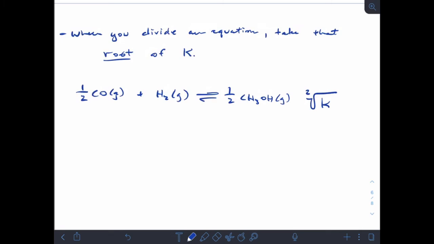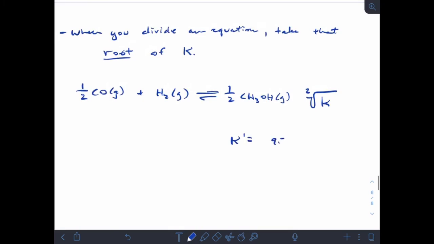If I divide by 3, I take a cube root, so on and so forth. So our K prime, to the square root, will equal 9.61 times 10 to the minus 2.